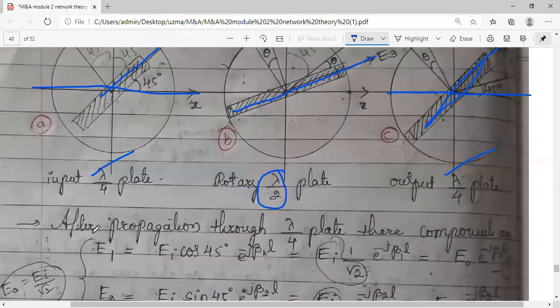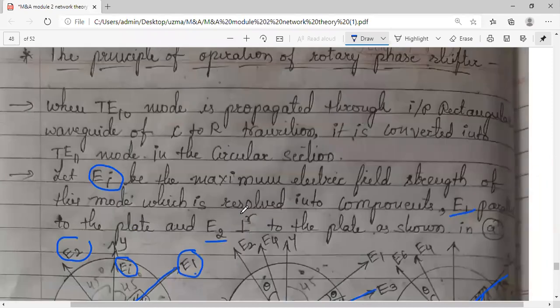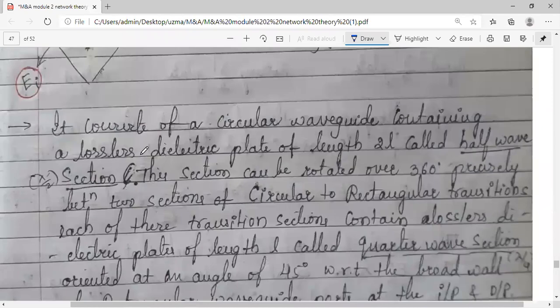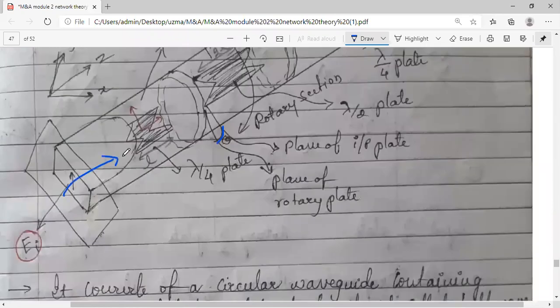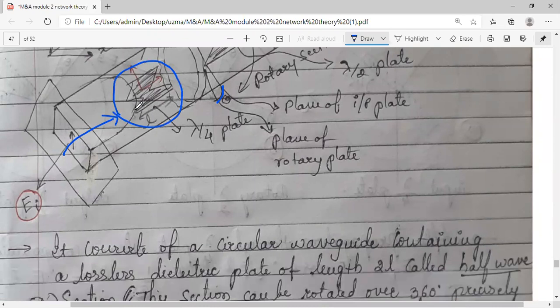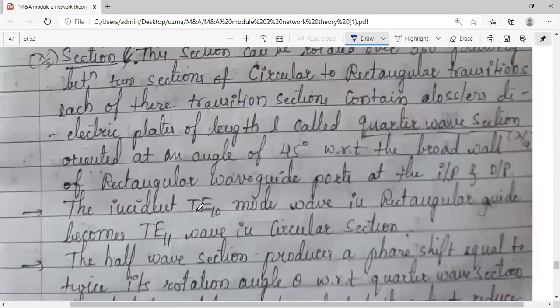And we have seen after the propagation through the lambda by 4 plate, these two components, when it enters, it resolves into two components. When it propagates through this plate of length L, what will be the values of the E1 and E2 components after propagating through it?